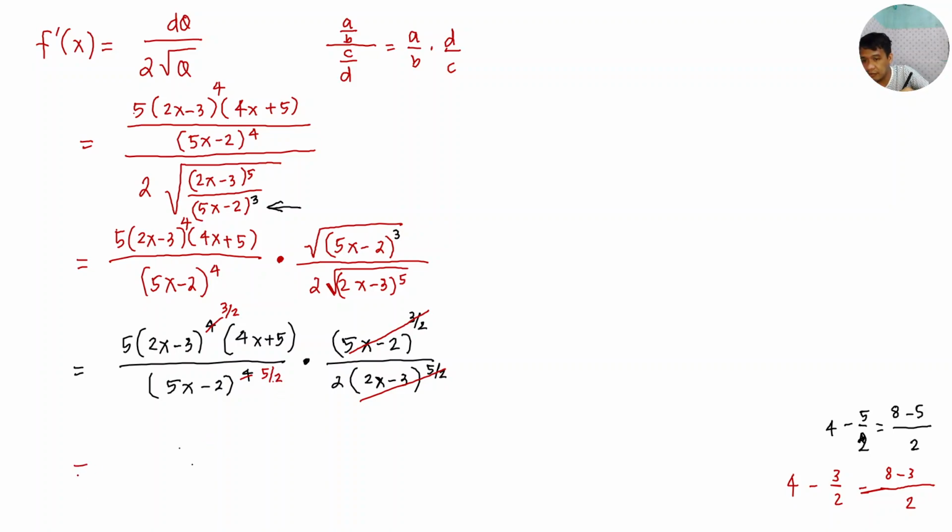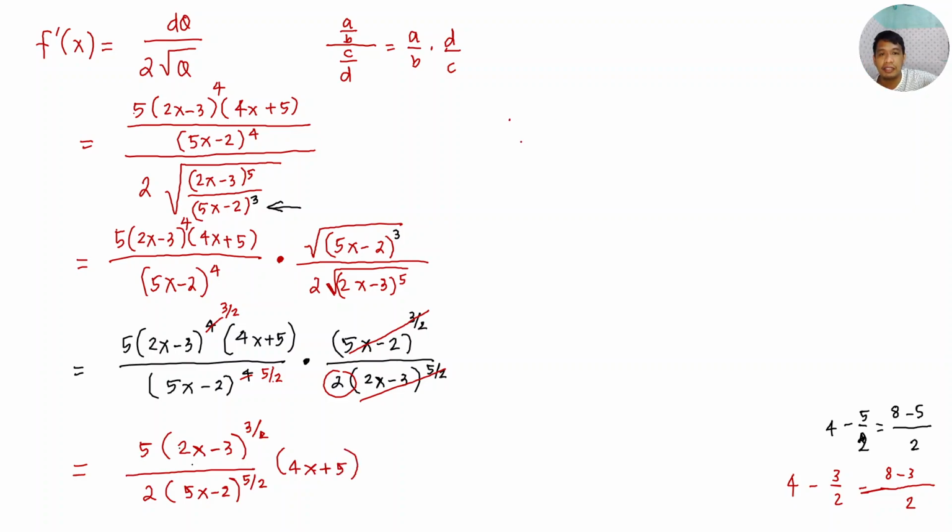This gives us 5, 2x minus 3 raised to 3 halves all over 2. That's your 2. May natira pa sa ilalim. 5x minus 2 raised to 5 halves. So, multiplied by, baka makalimutan natin si 4x plus 5.